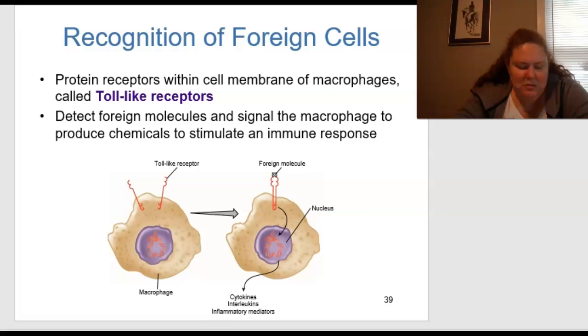When a molecule such as a PAMP on a particular pathogen is recognized by this receptor, the TLRs merge and bind to the foreign molecule. And this is going to induce the production of chemicals and therefore trigger engulfment. And so protein-like receptors within the cell membranes of macrophages are called toll-like receptors. And these are going to detect foreign molecules and, again, signal the macrophage to produce chemicals to stimulate an immune response. Okay.